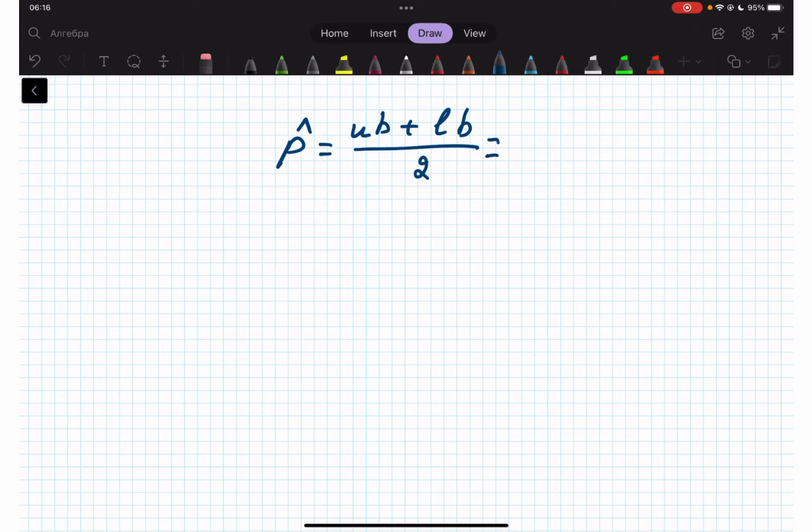So we have 73% plus 70%, and we divide by 2. 143 divided by 2 is 71.5. That's how we get it.